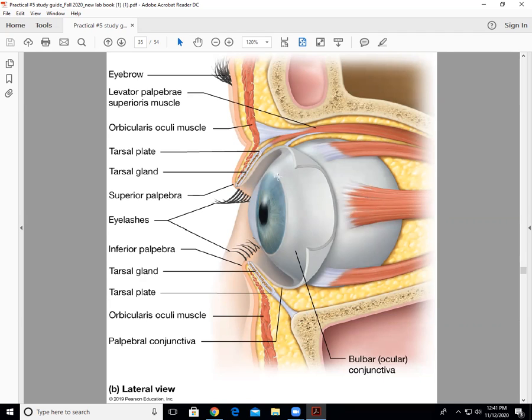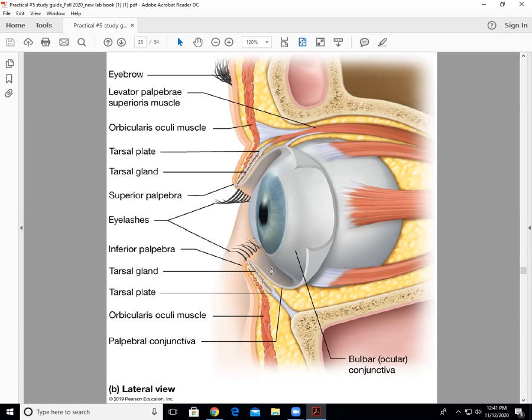There you can see the inferior palpebra, superior palpebra. There's your conjunctiva, palpebral conjunctiva. And then up here, connecting to the eye itself, you have your bulbar or ocular conjunctiva.